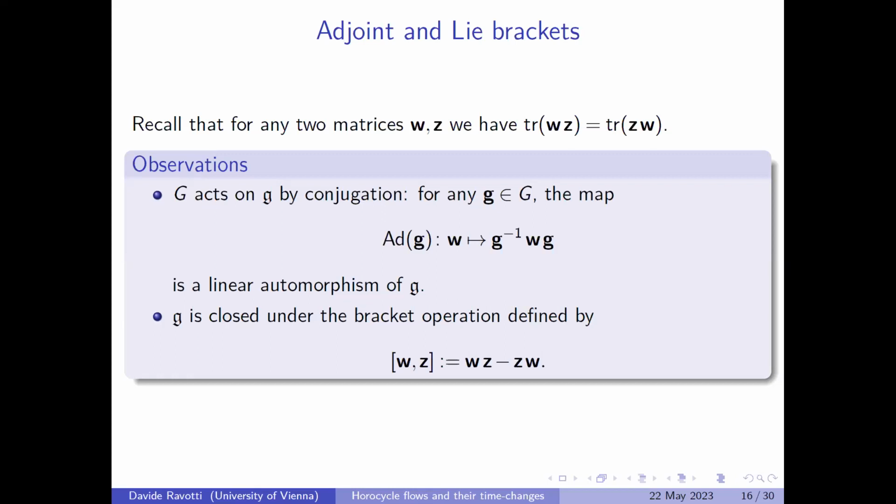So little g is a vector space, and now I also have this bilinear operation. So from now on, I will call little g an algebra. I will call it the Lie algebra.